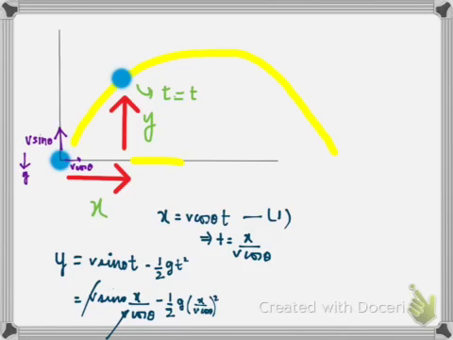Sin theta upon cos theta will become tan theta, and therefore at the end we will get y is equal to tan theta into x minus half g by v square cos square theta into x square. Right. So this is the equation of motion that we have.